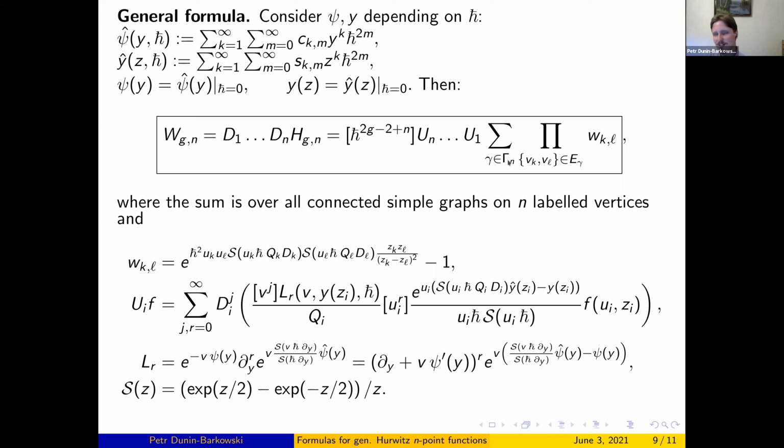Here the sum is over graphs, and for maps, in this formula which I'm talking about, it will be over multi-graphs. So instead of edges, you'll get multi-edges with multiple numbers of endpoints, and then you will have the WGN and the exponential.